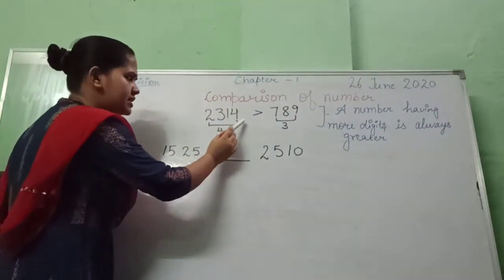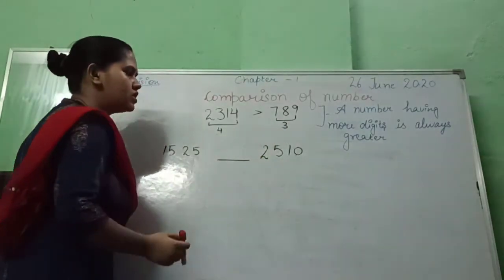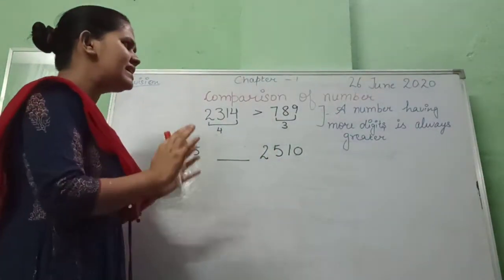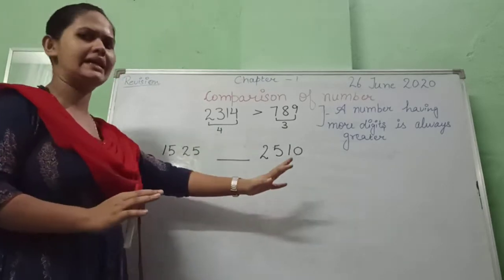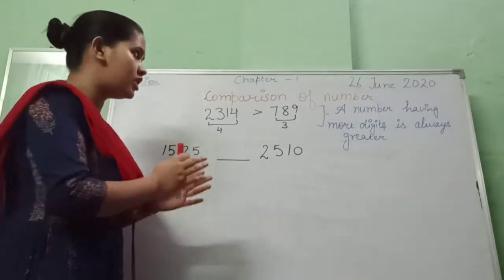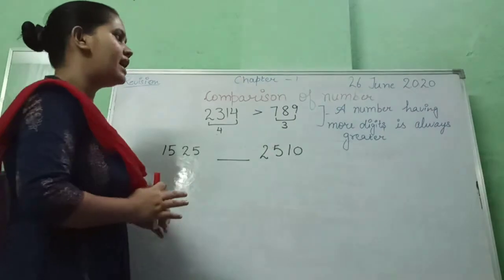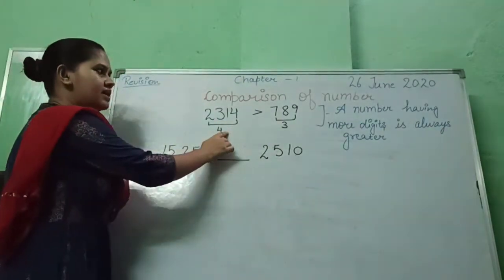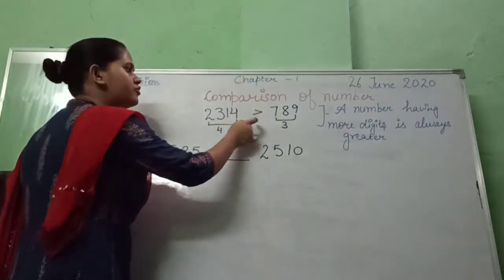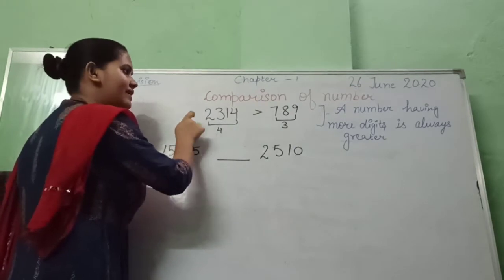This is a 4-digit number and this one is a 3-digit number. So in this way we can easily find out which one is the greater and which one is the smallest. In this way we compare them, and when we compare, this one is bigger, so the sign will move this side, which means to the greater number.